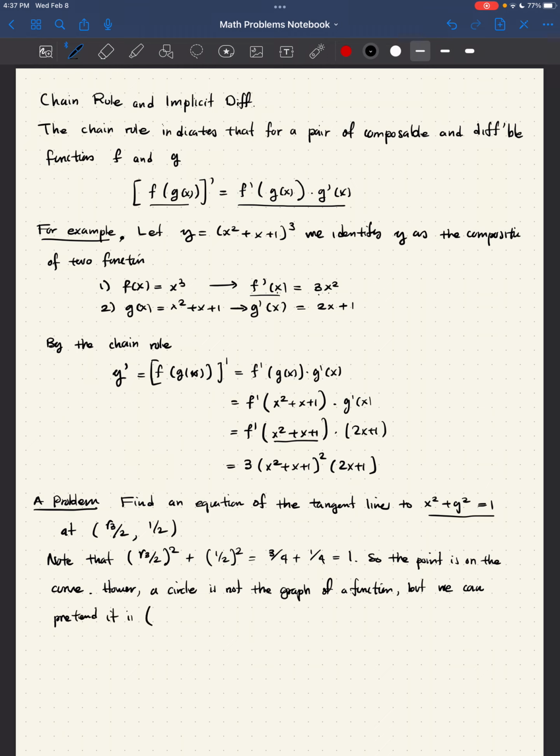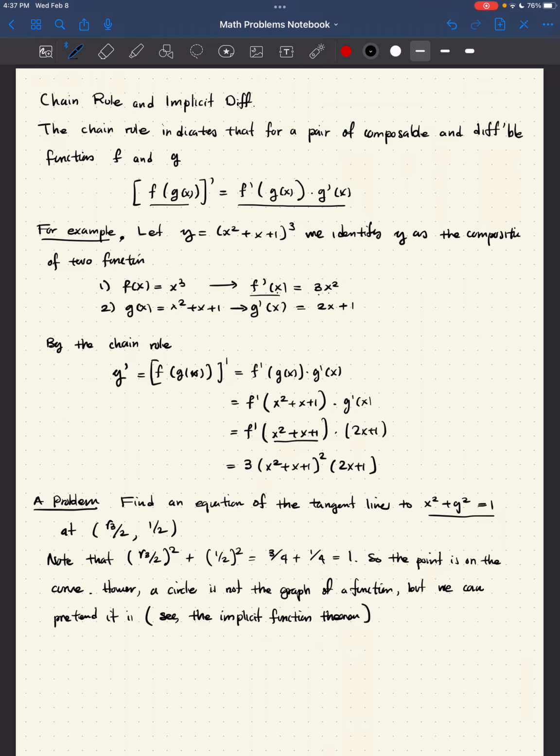And for that, we have a theorem that can help us, the implicit function theorem. That indicates that under certain conditions, when you have an equational description like in this case, we may pretend that locally we do have a function.